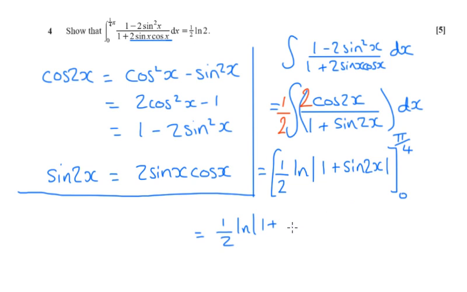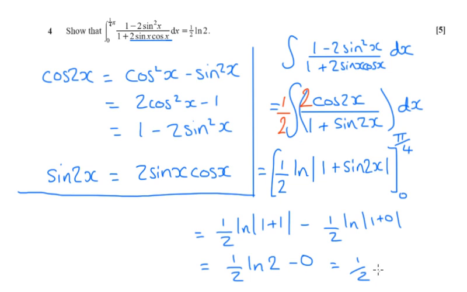Sine of pi over 2 is 1, minus a half ln of 1 plus sine of 0, which is 0. So we've got half ln 2 minus ln of 1, which is 0, so minus 0, which is just half ln 2, which is what we had.